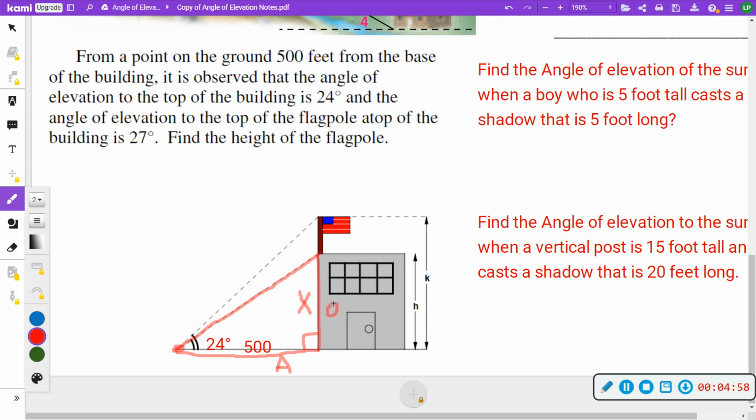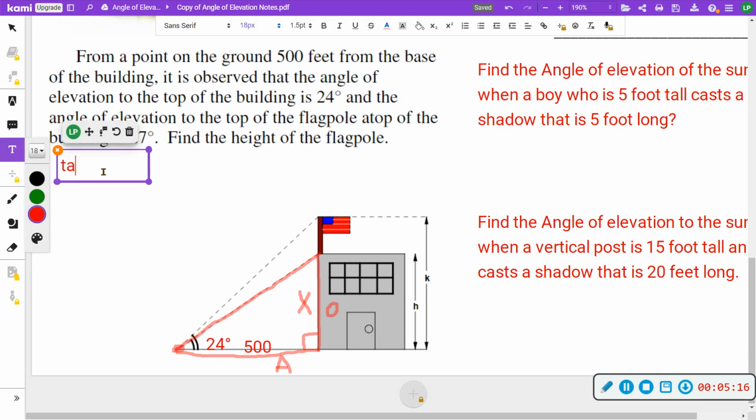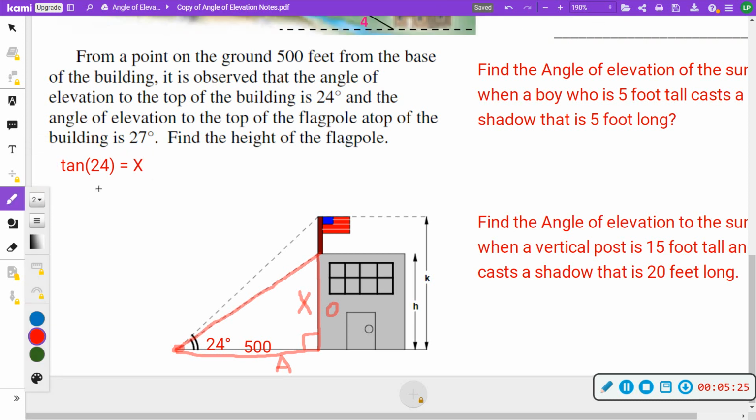The one that uses adjacent and opposite is the tan function. So I would say the tan of my angle. I'm going to use a text box, that'd be a little easier. So tan of my angle, 24, is equal to, opposite we don't know, x, divided by my adjacent, which is 500.